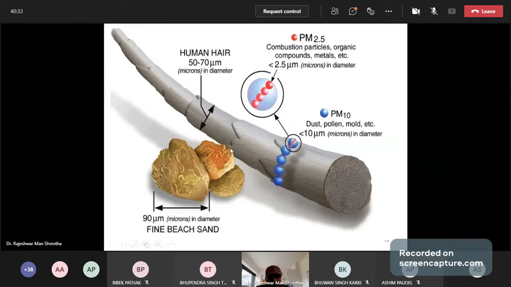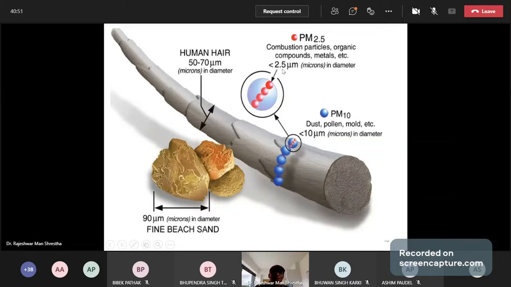Size: a human hair is 50 to 70 micrometers. Then combustion particles, the particulate matter released from combustion of organic compounds, which includes metals, are less than 2.5 micrometers. This is very harmful.